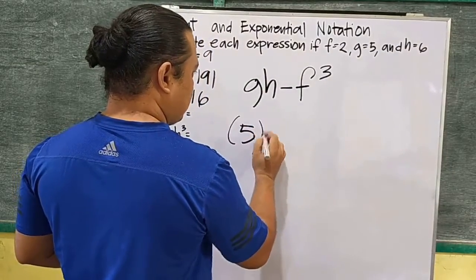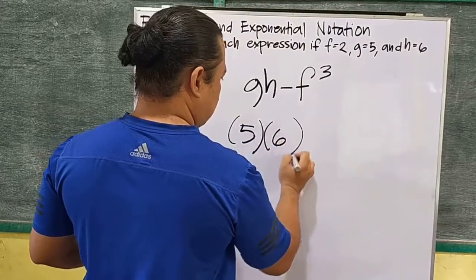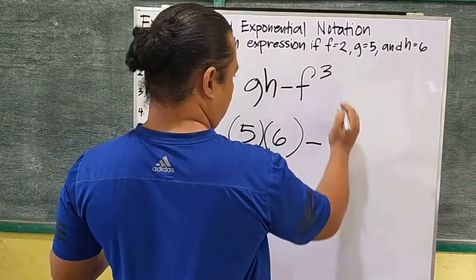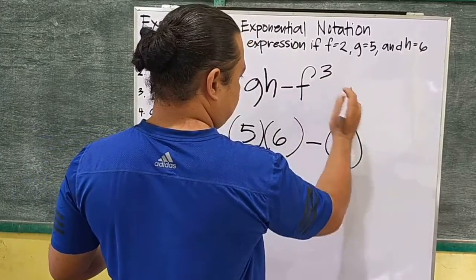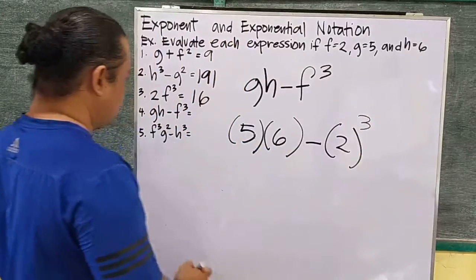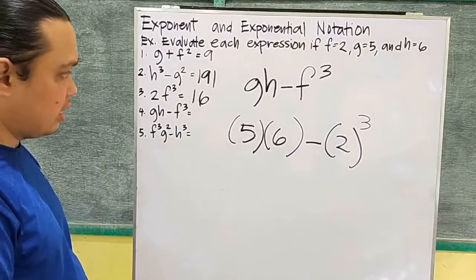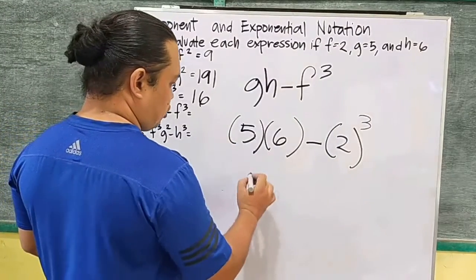What is H? 6. This is GH minus F, and F is 2, so 2 to the power of 3, or 2 cubed. Let's evaluate or simplify. Now 5 times 6 is 30.